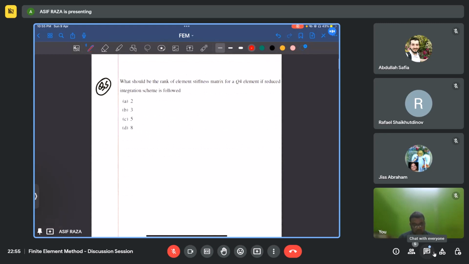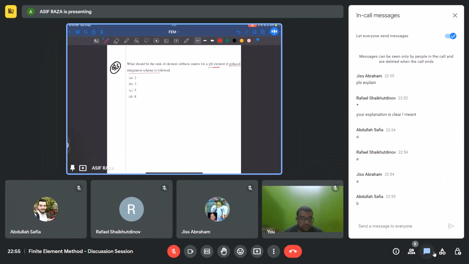Next question is, what should be the rank of the element stiffness matrix for a Q4 element if the reduced integration scheme is followed? Abdullah has given option B. Others?